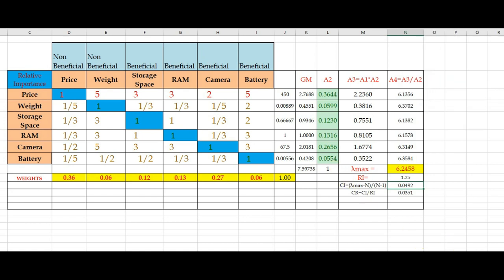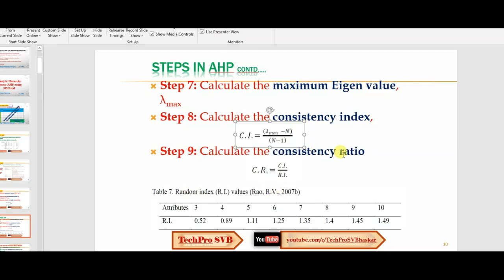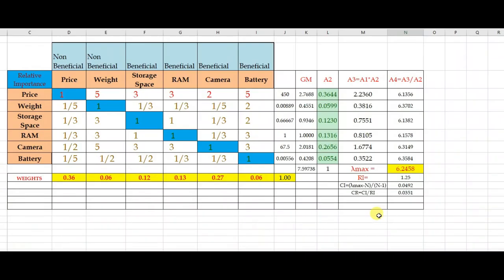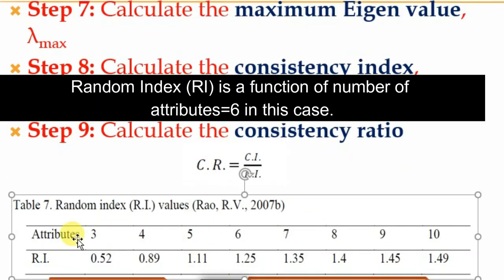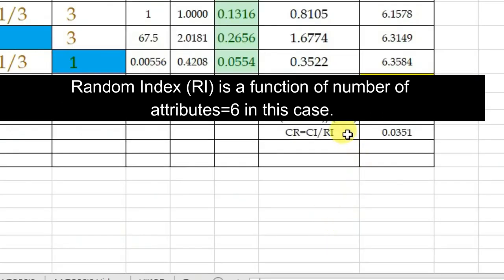Now the next step is to calculate the consistency ratio. The consistency ratio is given by CI upon RI. Now what is RI? RI is the random index, which we can obtain from Saaty's book, or I have even taken it from another reference by R.V. Rao. For 6 attributes, we see here the RI value is 1.25.